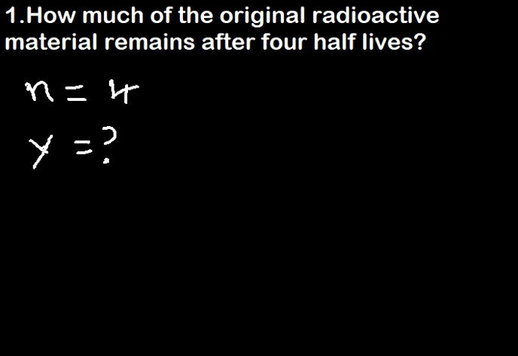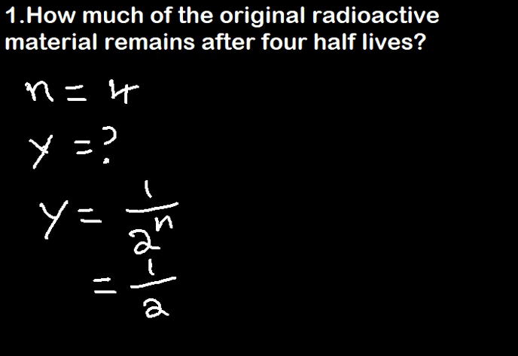So what is the formula that connects the two? The formula for the fraction of remains is 1 over 2 to the power n, where n is the number of half-lives. So that is 1 over 2 to the power 4, which is the same as, what is 2 to the power 4?